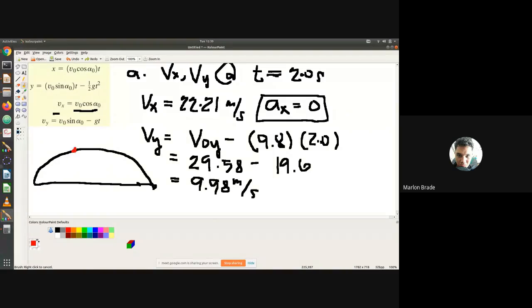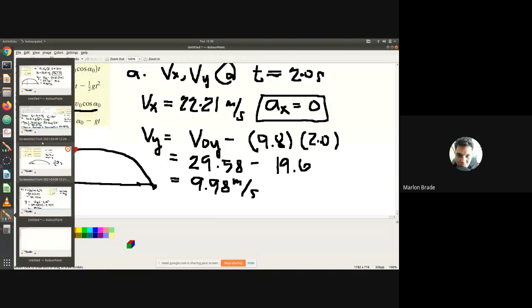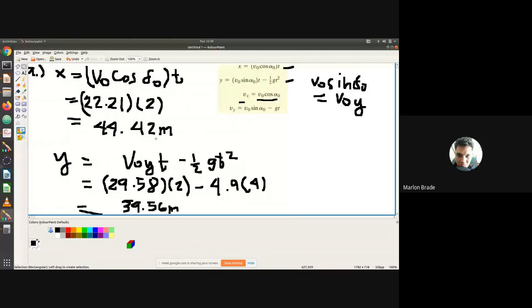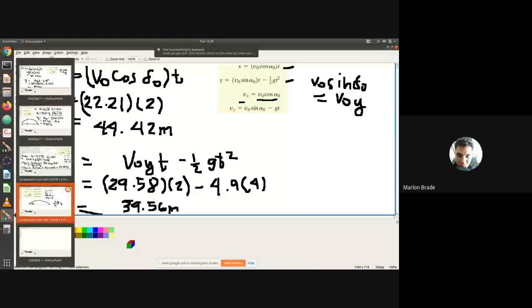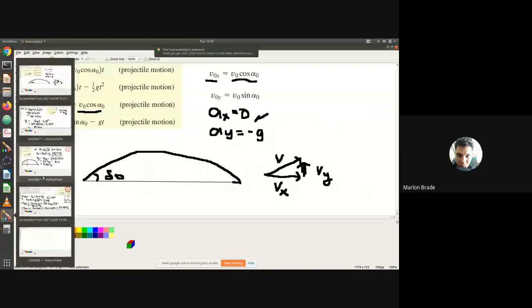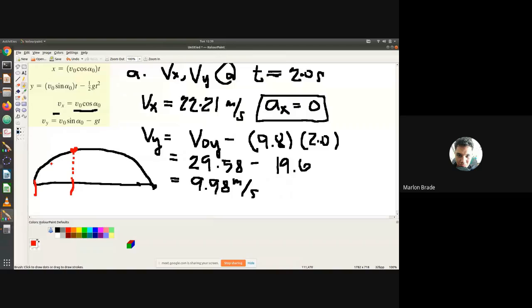Which is, kung i-project nimo doon sa x-axis, ang layo niya gikan dire padulong dira is actually kato nakuha na sa x, about 44.42 meters.